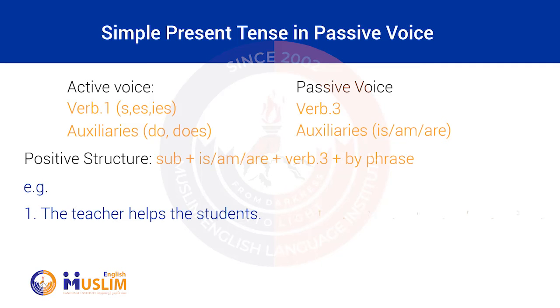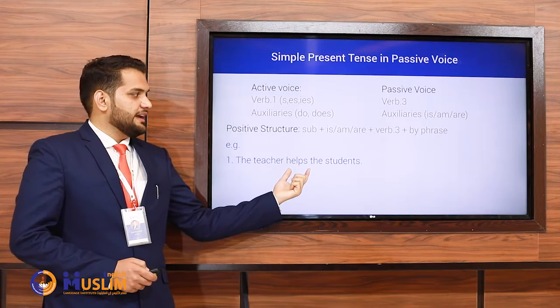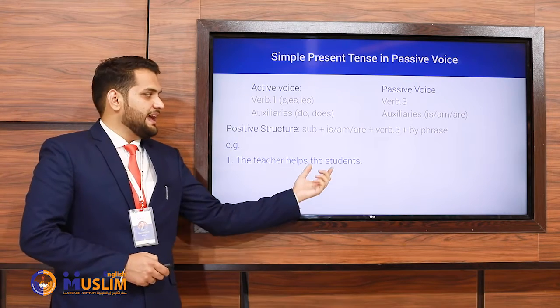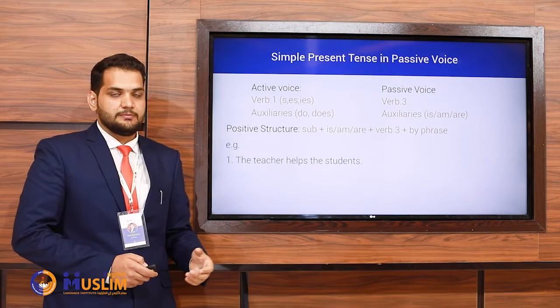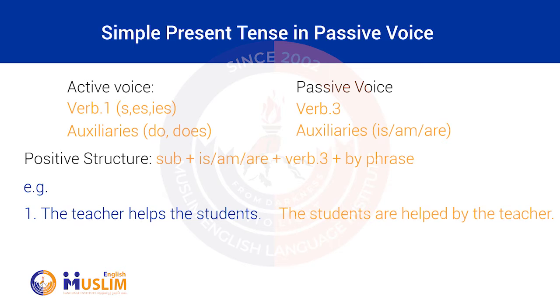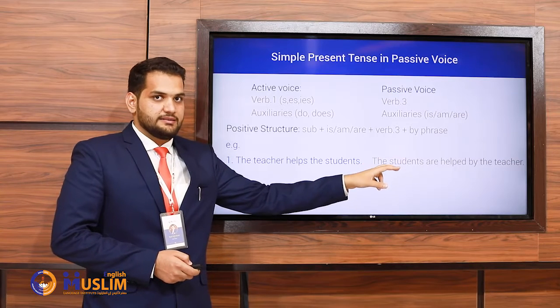For example, number 1, the teacher helps the students. The teacher is the subject, helps is the verb 1 or the first form of the verb, and the students is the object. Now if you want to change it to passive voice, you have to bring the students to the beginning of the sentence and the teacher to the end of the sentence. The students are, not is.